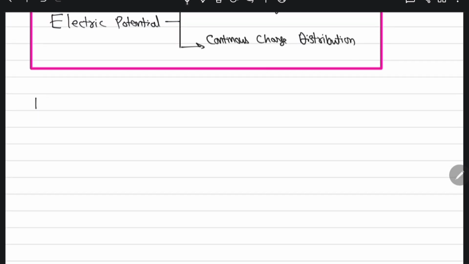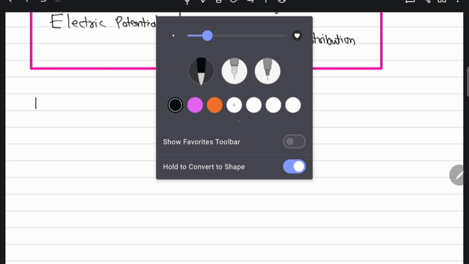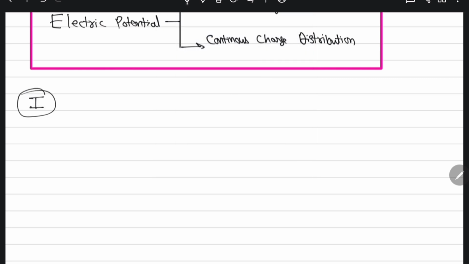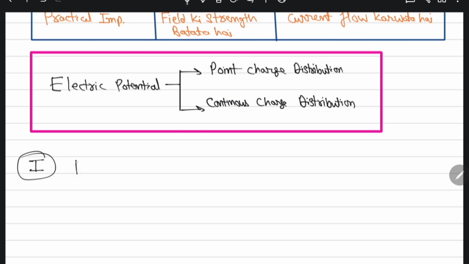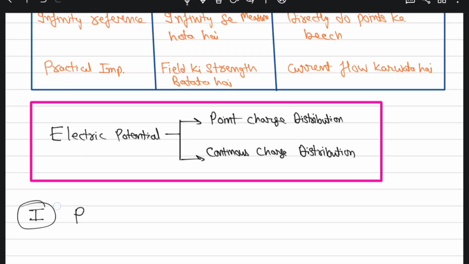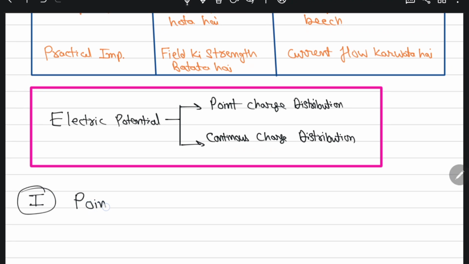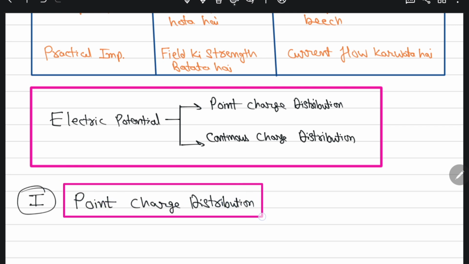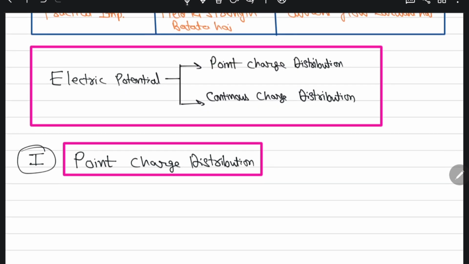So first we are finding electric potential due to point charge distribution.